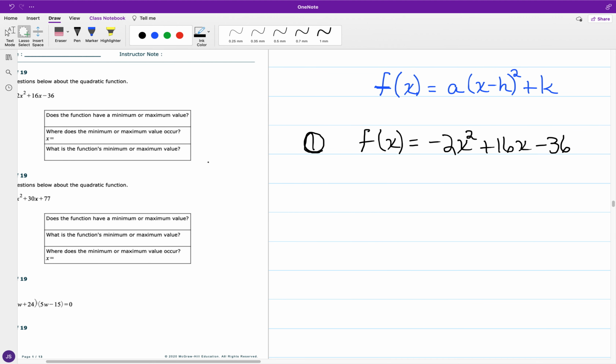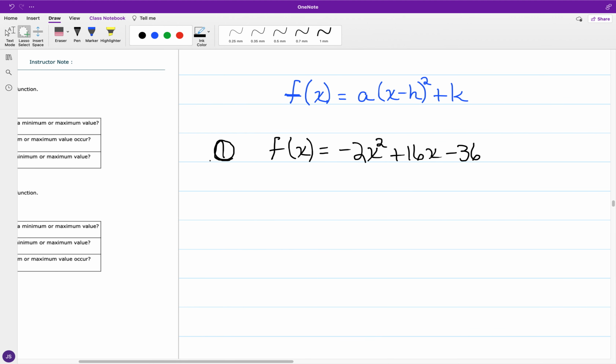Now, again, there are two ways of expressing a quadratic function that are commonly used. One is the standard form, and the other is the vertex form, which has the general layout f of x equals a times the square of x minus h, followed by the addition of k.